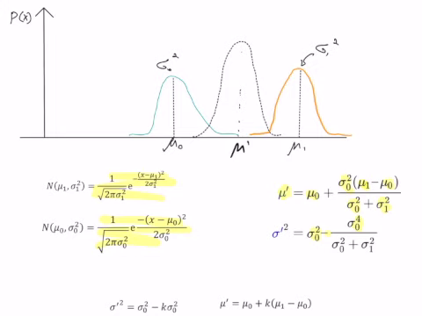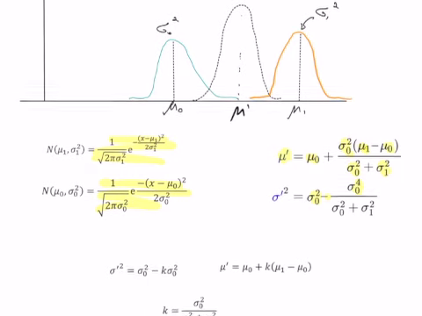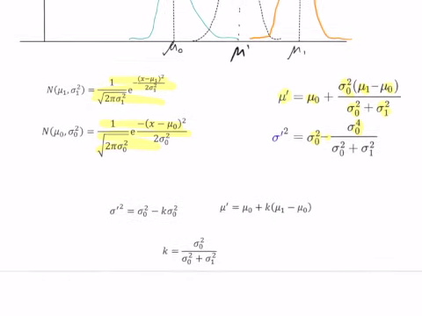Now, if I arrange or play a little bit with the math, what I'm getting is the following. The new mean, mu prime, equals the old mean, mu0, plus k times (mu1 minus mu0), if I define k as follows. And the new uncertainty, the new variance, equals sigma 0 squared minus k sigma 0 squared.